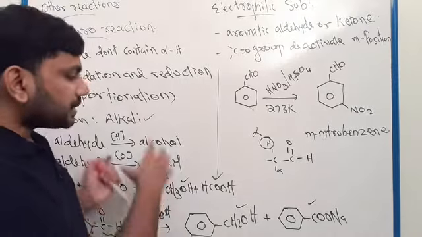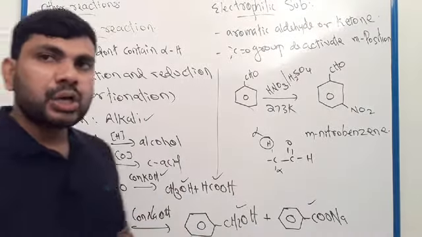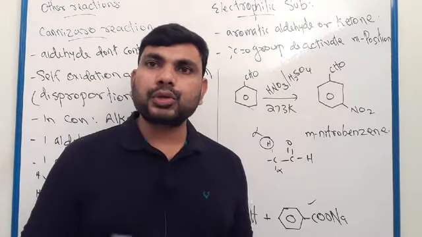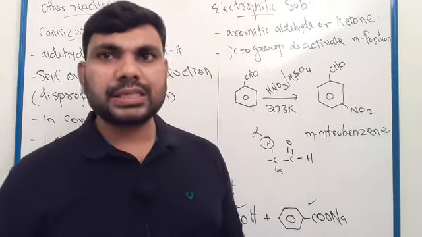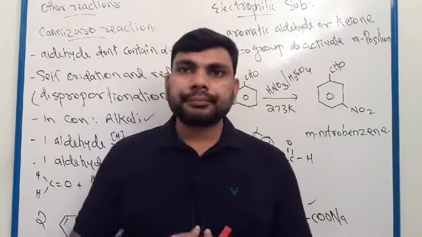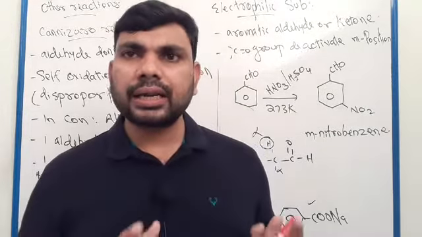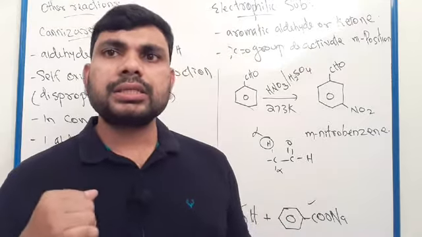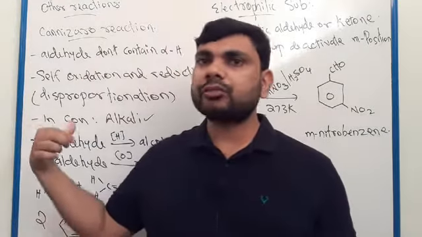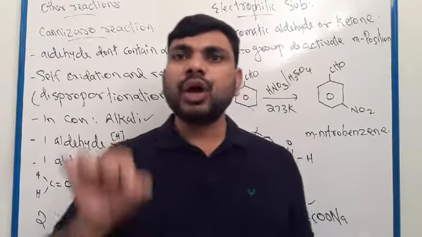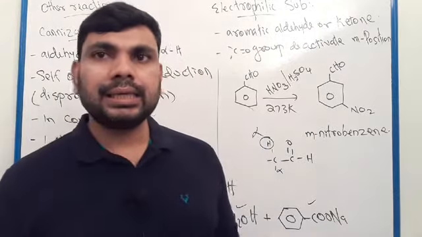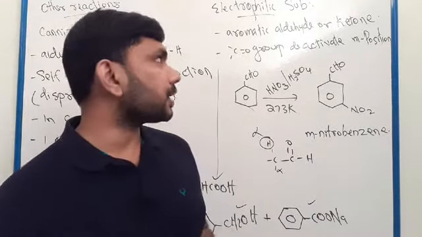These are examples for Cannizzaro reaction. In Cannizzaro reaction, a disproportionation reaction takes place, and aldehydes that do not contain alpha hydrogen undergo Cannizzaro reaction. Also this chemical reaction takes place in presence of concentrated alkali, that is Cannizzaro reaction.